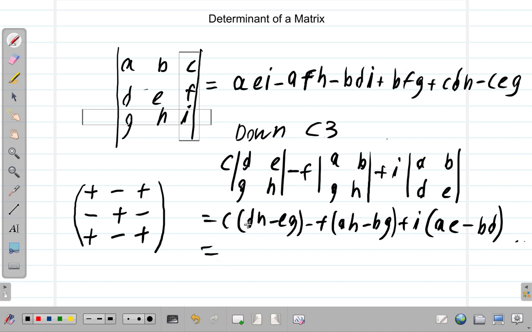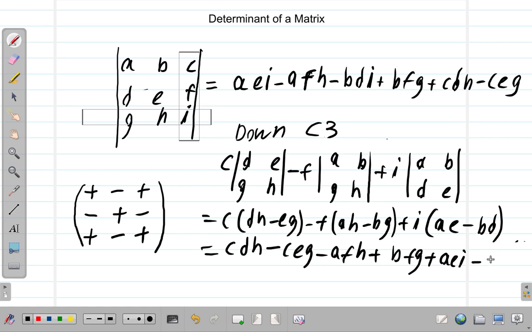Now, let's multiply out. We have CDH minus CEG minus AFH plus BFG plus AEI minus BDI. Now compare it with what we have up here. We see an AEI here. Then minus AFH, good.